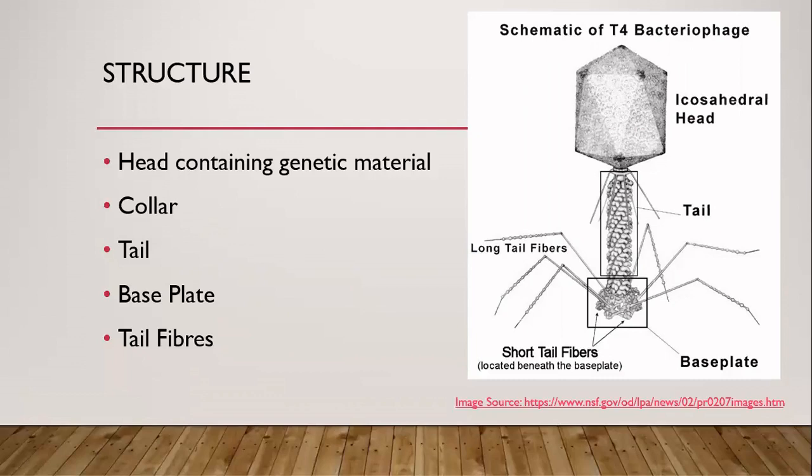Based on electron microscopic studies, the structure of the T4 bacteriophage can be subdivided into the following parts: the head, the head-tail connector or the collar or neck, the tail, the base plate, and the tail fibers. So here is the head, here is the head-tail connector or the neck or collar. This is the tail, this is the base plate, and here you have the tail fibers.